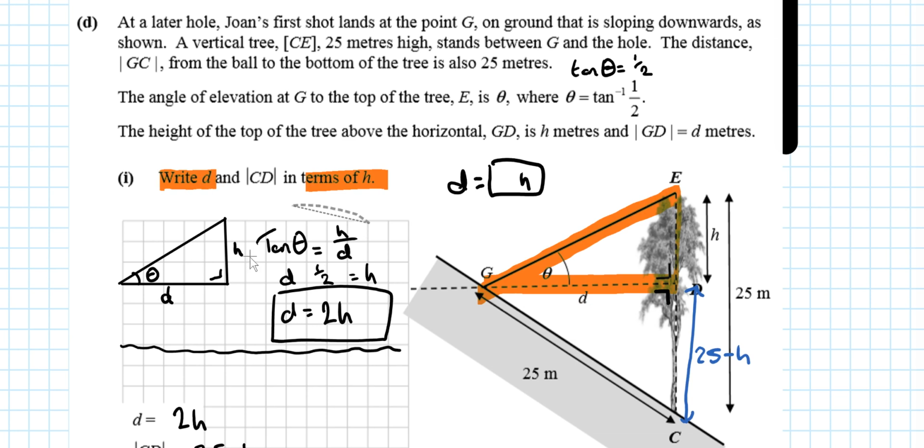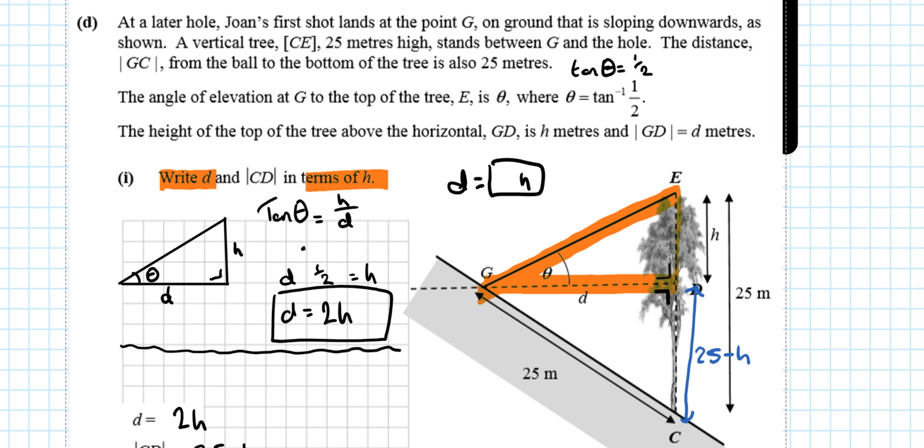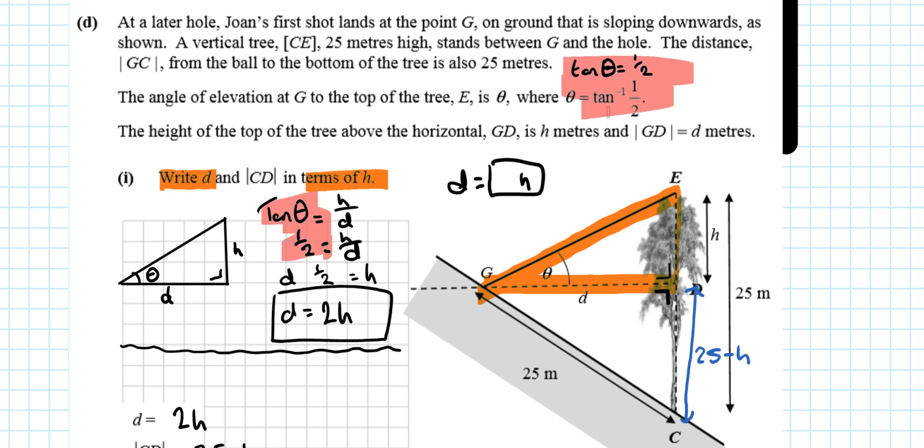But tan theta is also equal to a half. So now multiply both sides by d, and then multiply both sides by h to get d on its own. So that's the first part of the question answered. Gotten d in terms of h.